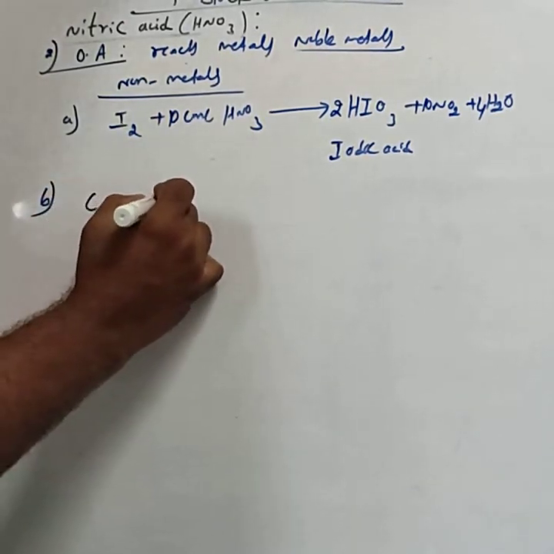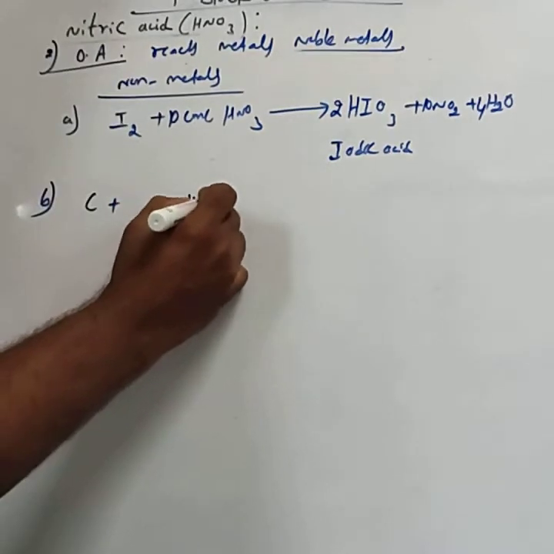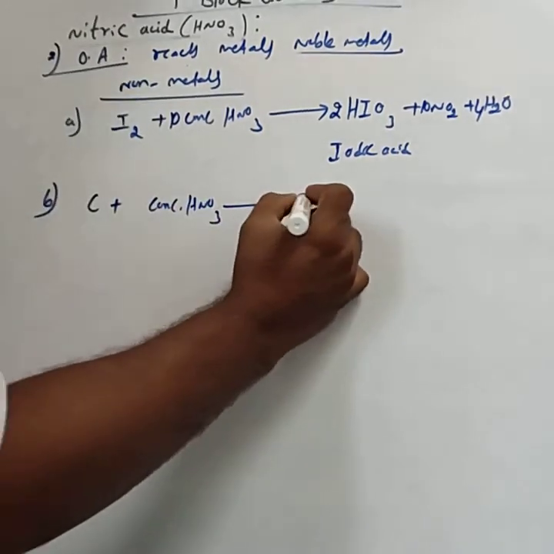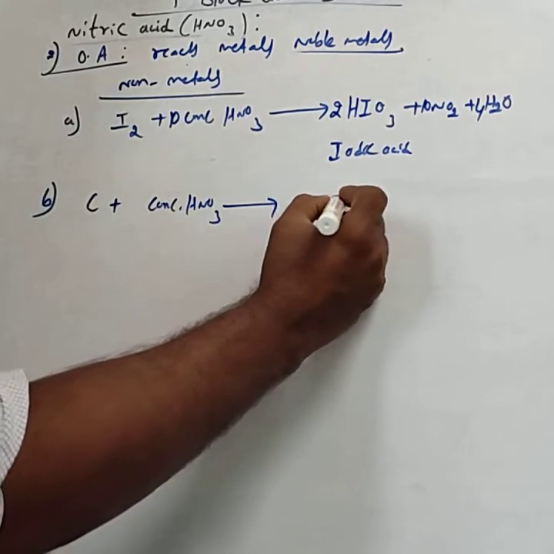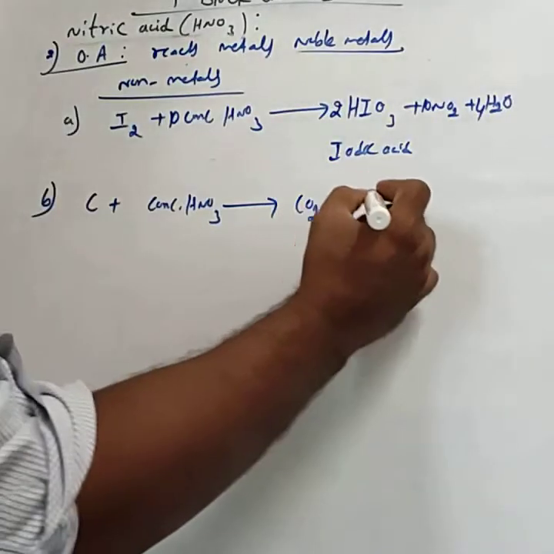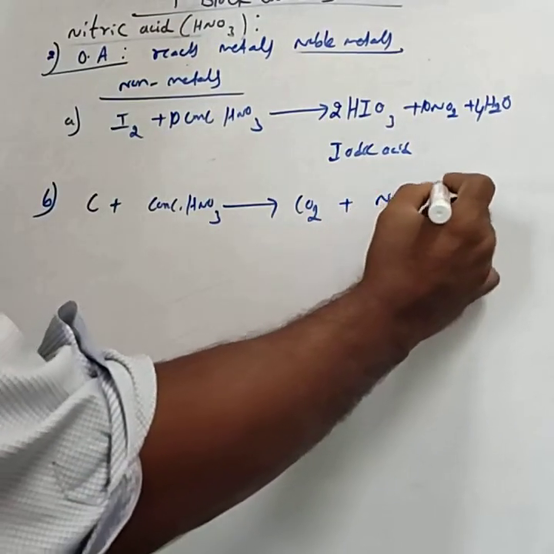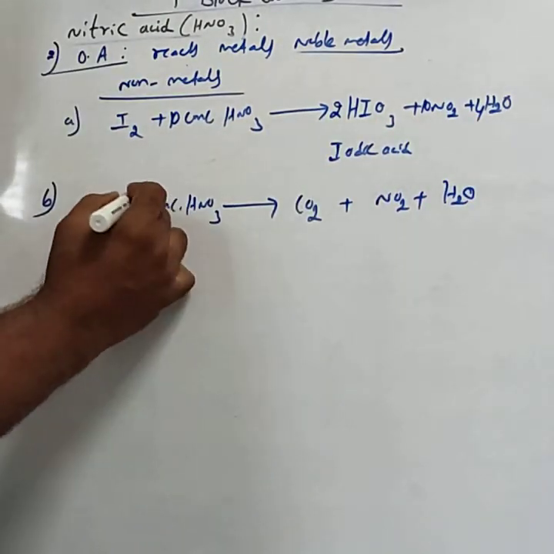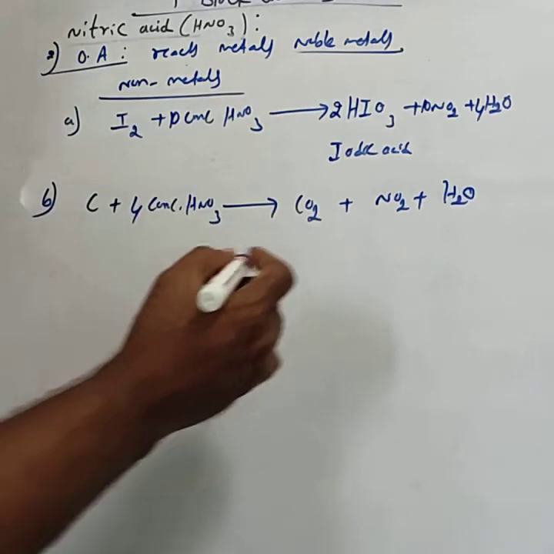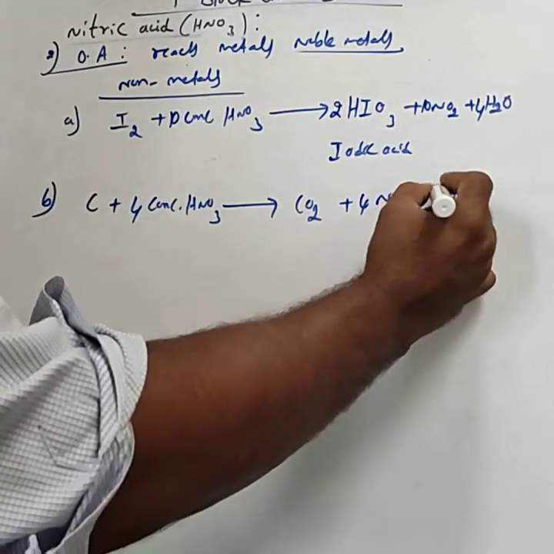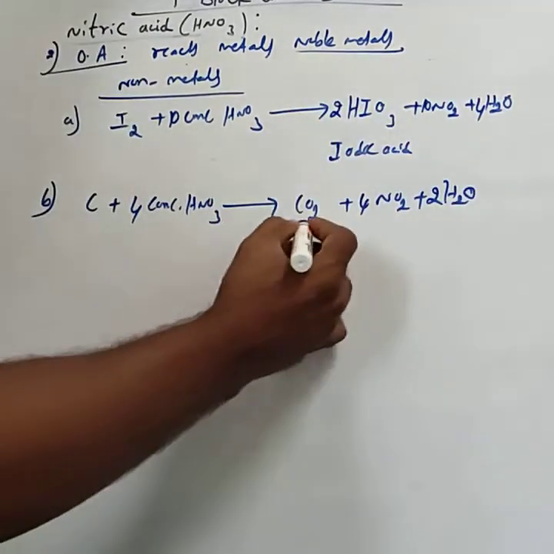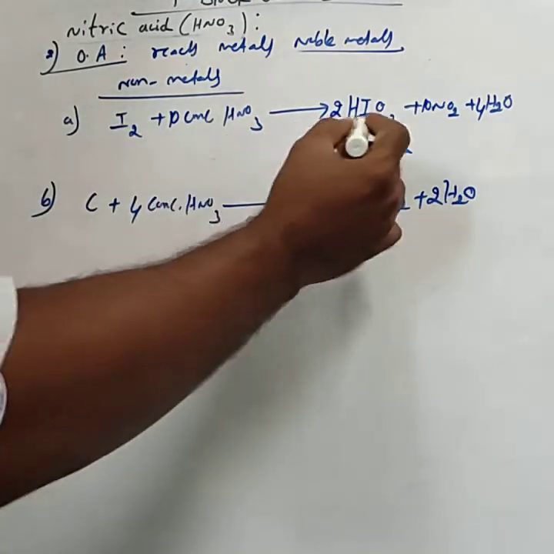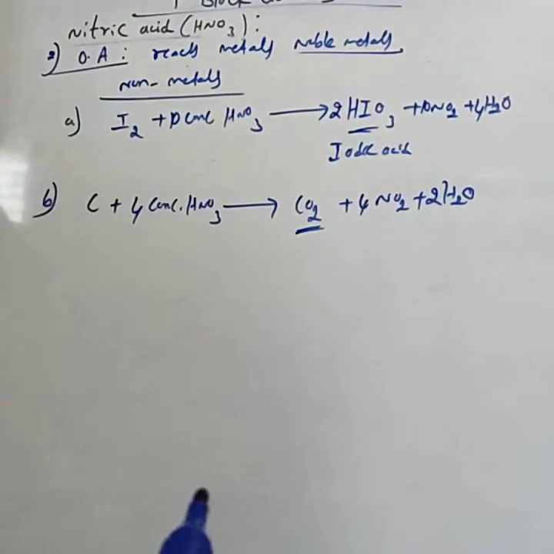Carbon plus concentrated nitric acid gives carbon dioxide, NO2 and water. To balance this one, we use 4 moles of HNO3, 4 NO2, 2 H2O. It oxidizes carbon to carbon dioxide, iodine to iodic acid.